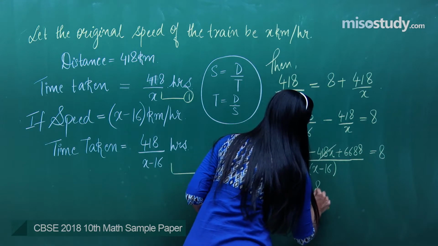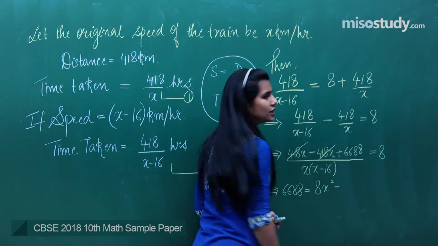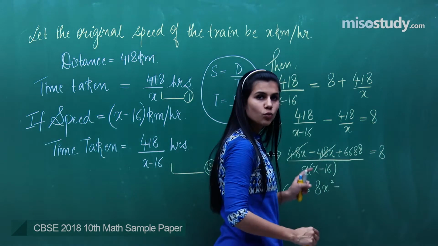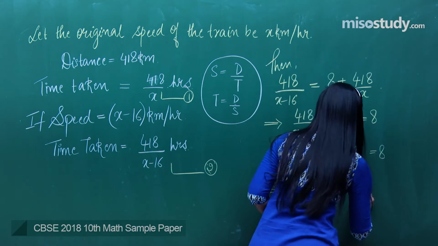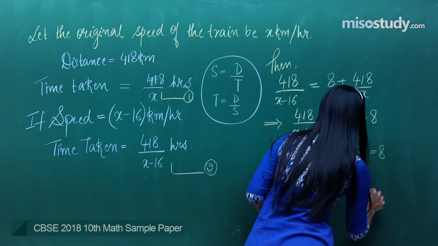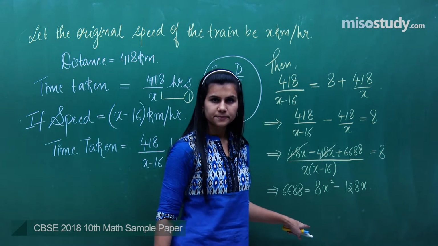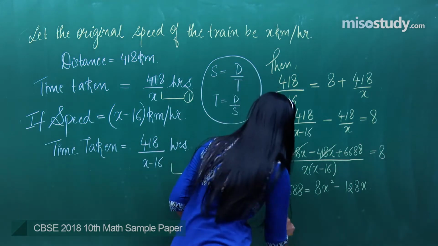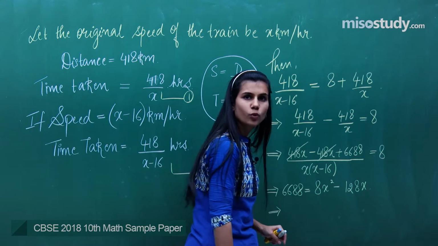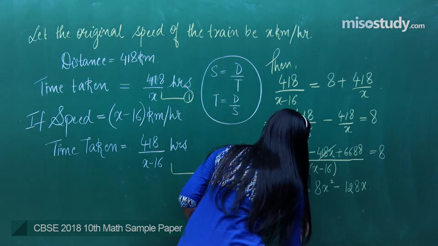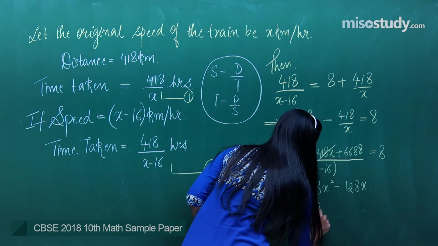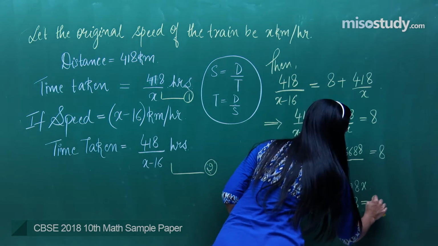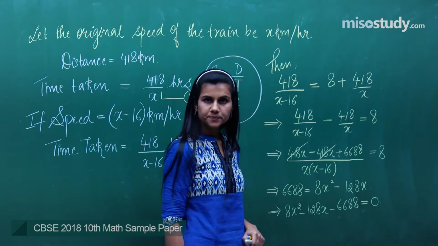6688 is equal to 8x square minus 8x into 16. What is 16 into 8? 128x. Understood? This is what you are going to have over here, and this is going to give you a quadratic equation which will be 8x square minus 128x minus 6688 equals 0.